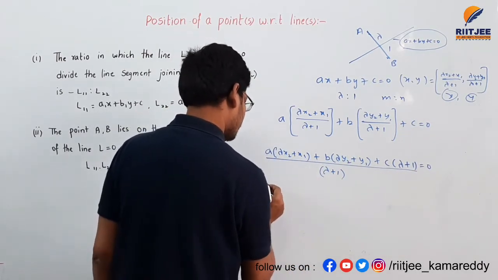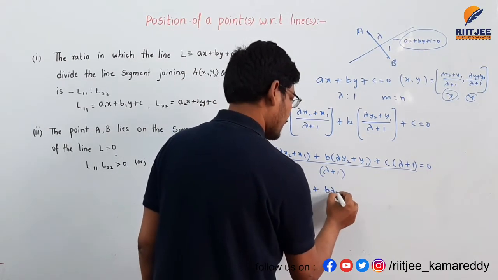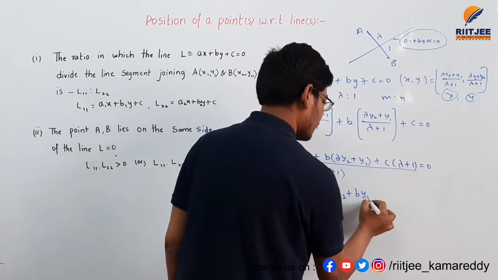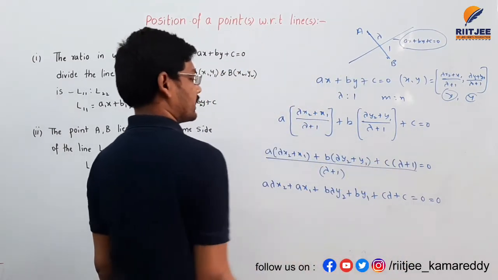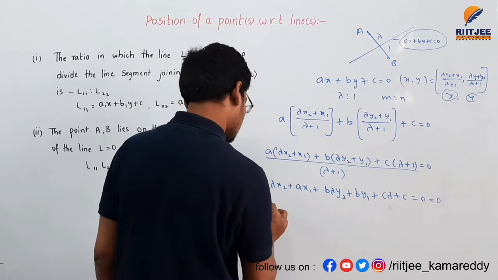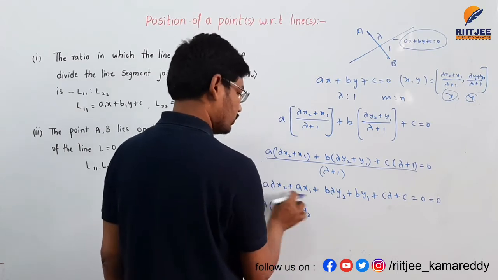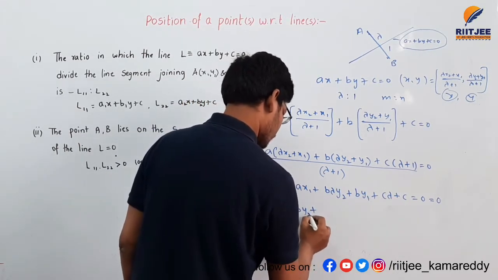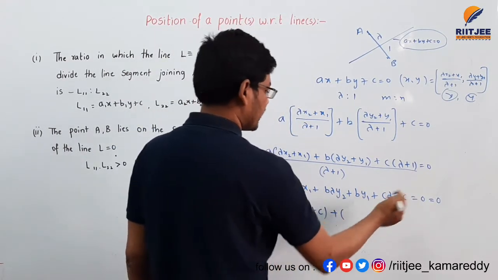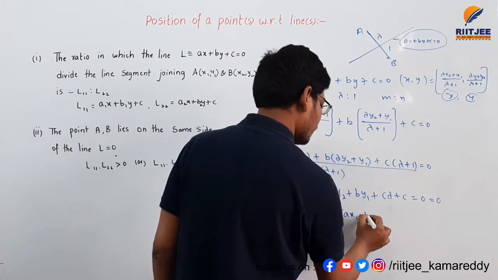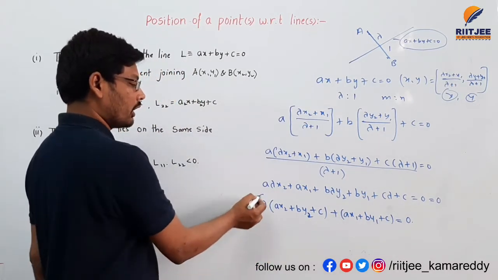So I am multiplying: a into lambda x2 plus a into x1 plus b into lambda y2 plus b into y1 plus c into lambda plus c is equal to 0. Taking lambda as common everywhere: lambda into (ax2 + by2 + c) plus (ax1 + by1 + c) is equal to 0. Here we want the lambda value.